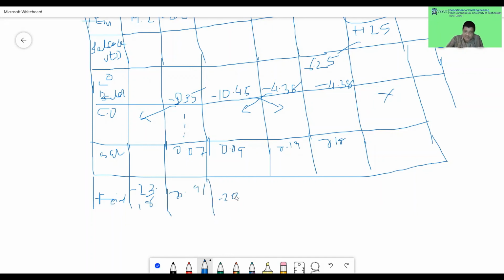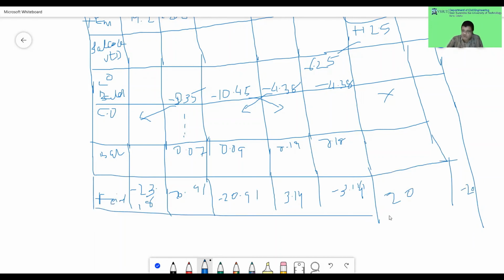This value will be 3.14, and this value will be minus 3.14, and minus 3.14. This value will be minus 20. Sorry, this will be plus 20, and this will be minus 20. Okay, so these are the final moments.